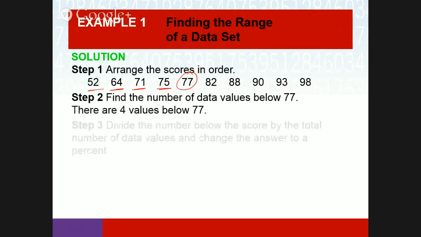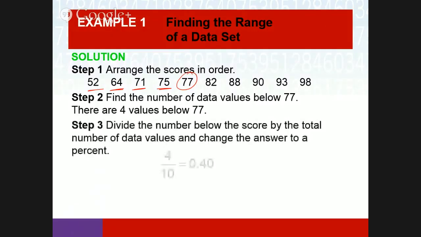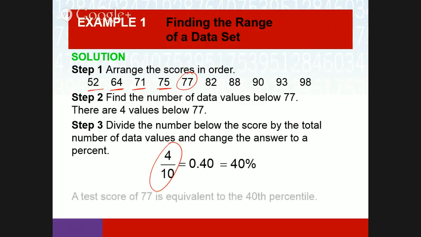There are 4 values below 77. You take 4 divided by how many scores we have, and that would give us 40%. So a test score of 77 is equivalent to the 40th percentile.